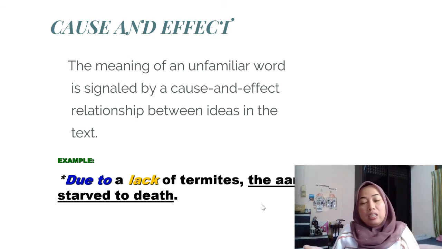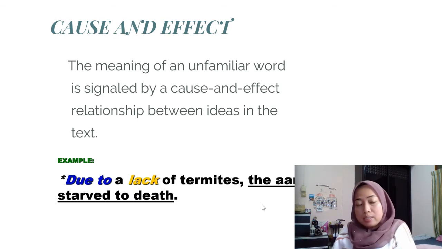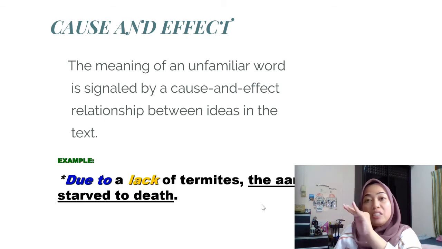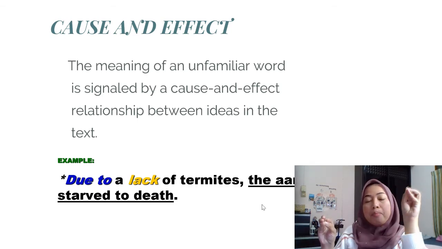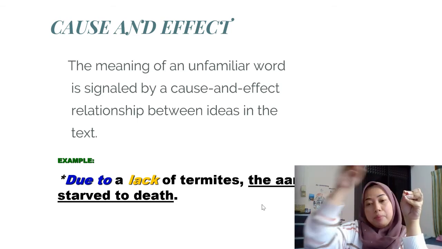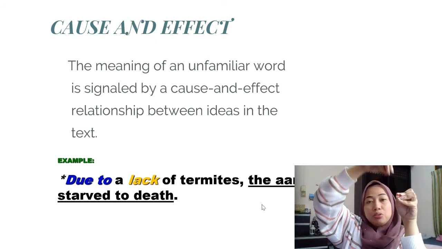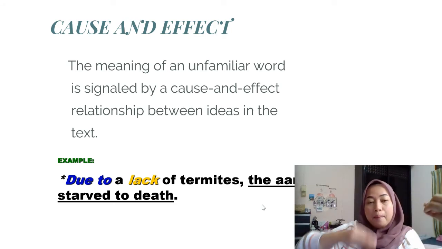So we can see that aardvark is a type of animal or a type of living thing because it starved to death, and it's a living thing, very obviously. So you see that aardvark would need termites to live because aardvarks eat termites. Why?